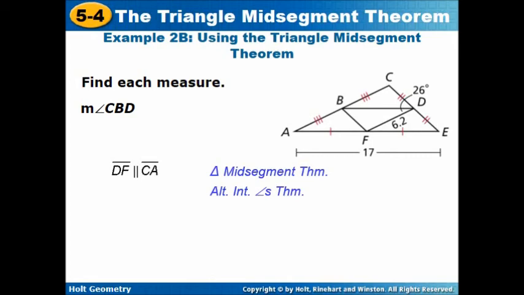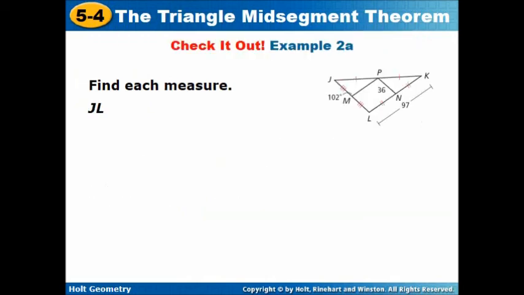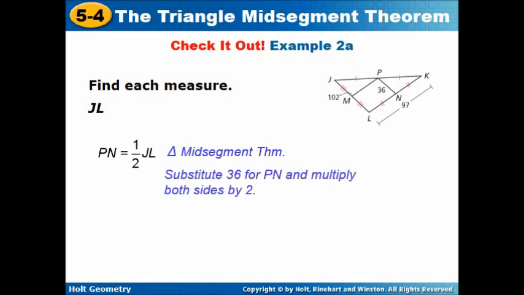And because it is a transversal, then you have alternate interior angles, and those angles are congruent, and those angles are, again, BDF and the angle we're looking for, CBD. So we can say that the measure of angle CBD equals the measure of BDF. We'll substitute the 26 degrees for the measure of BDF, and we find out that the measure of angle CBD is 26 degrees.